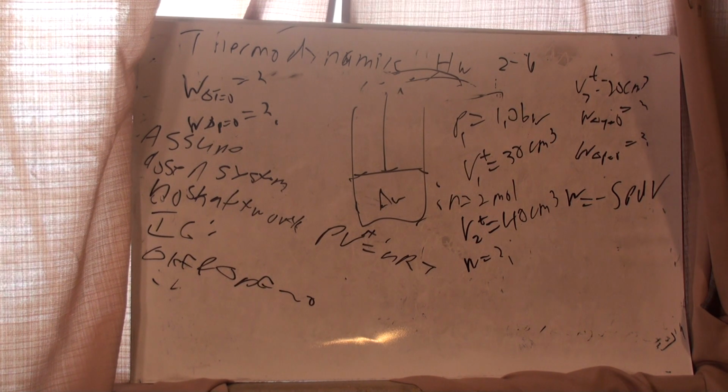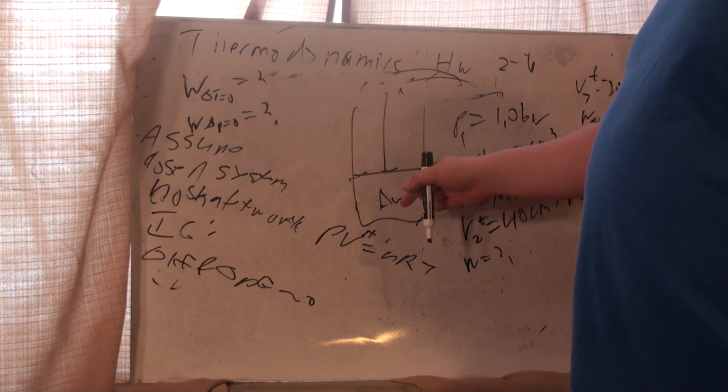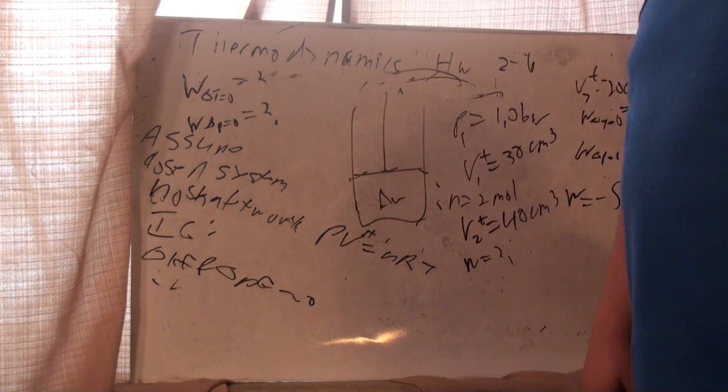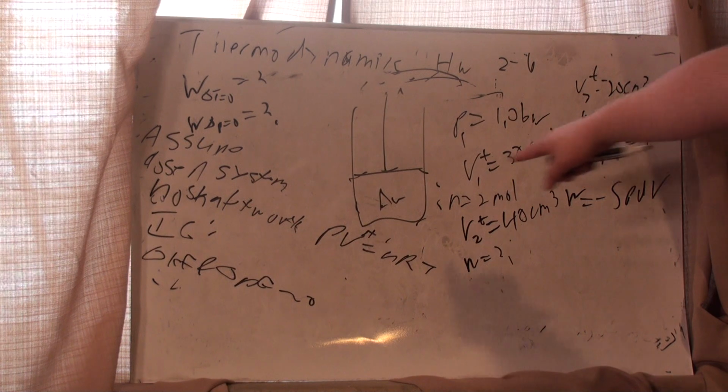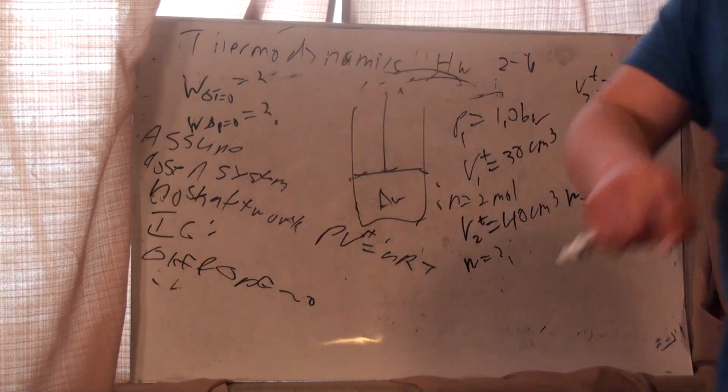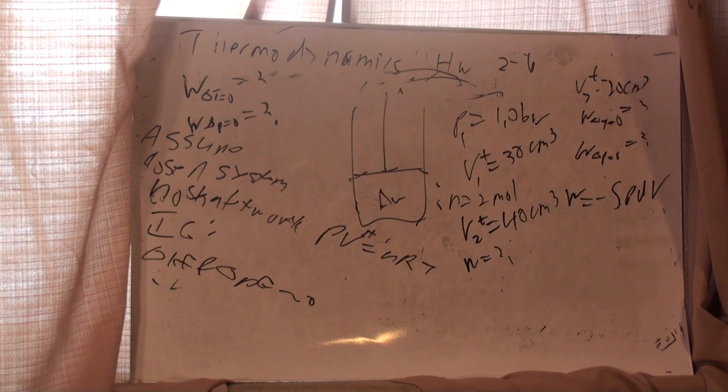Draw my picture, draw my boundary, write down my assumptions, write down what I know and I don't know. Now, some of those things don't have to exactly be done in order, but you definitely want to draw your picture before you do anything, because it starts to help visualize, okay, yeah, I got work on this system. I don't have any little hashtags, so it's not adiabatic. Well, there's no inlets or outlets, so it's closed system, and so on and so forth.